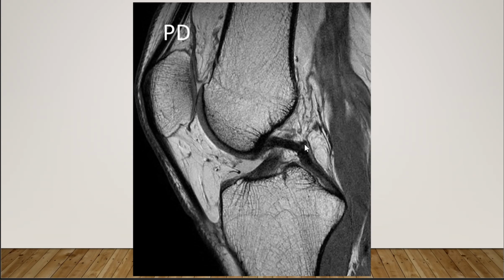Here we have a small rounded structure behind the posterior cruciate ligament. And this is the meniscofemoral ligament, also known as the ligament of Wrisberg.